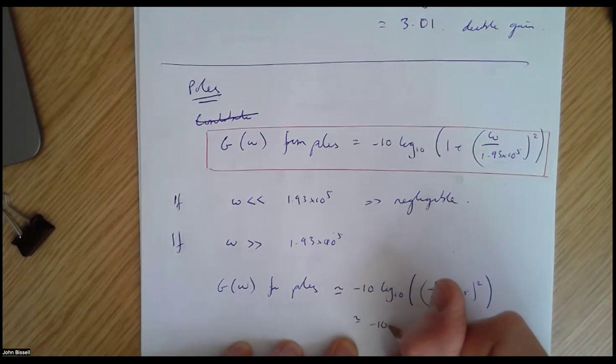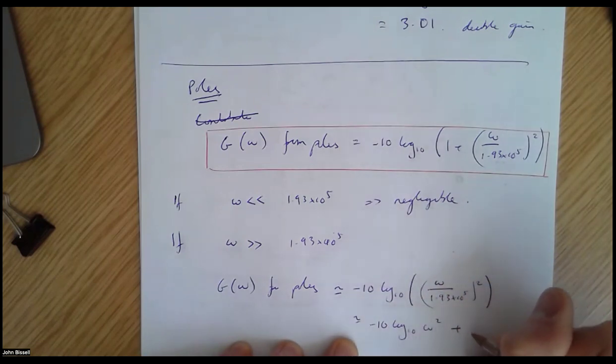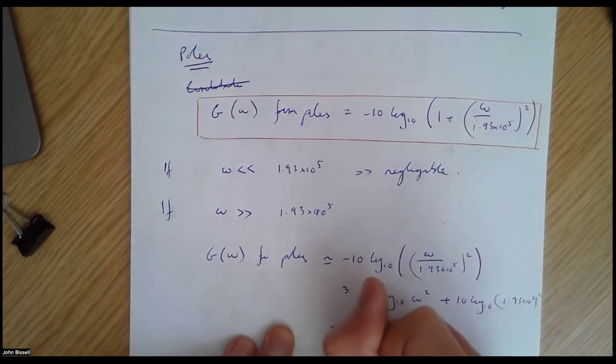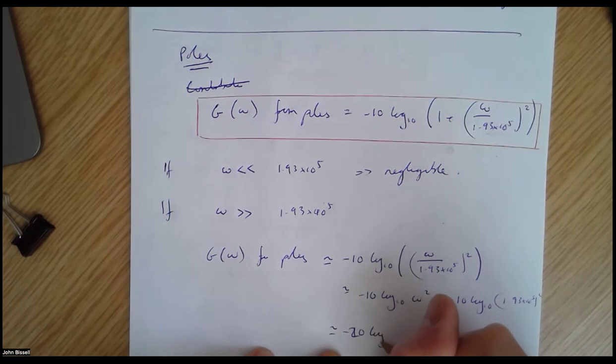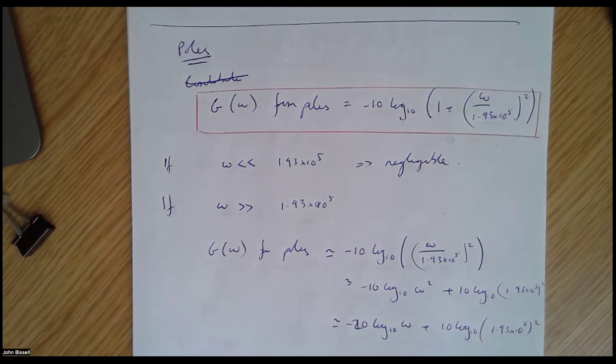That's minus 10 log to base 10 omega squared plus 10 log to base 10 of 1.93 times 10 to the 5 squared, which is minus 20 log to base 10 of omega plus 10 log to base 10 of 1.93 times 10 to the 5 squared. Happy with that?